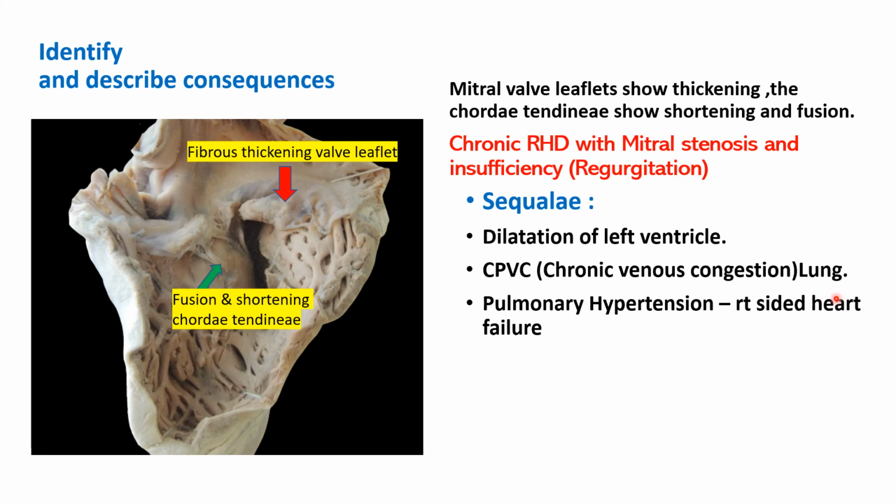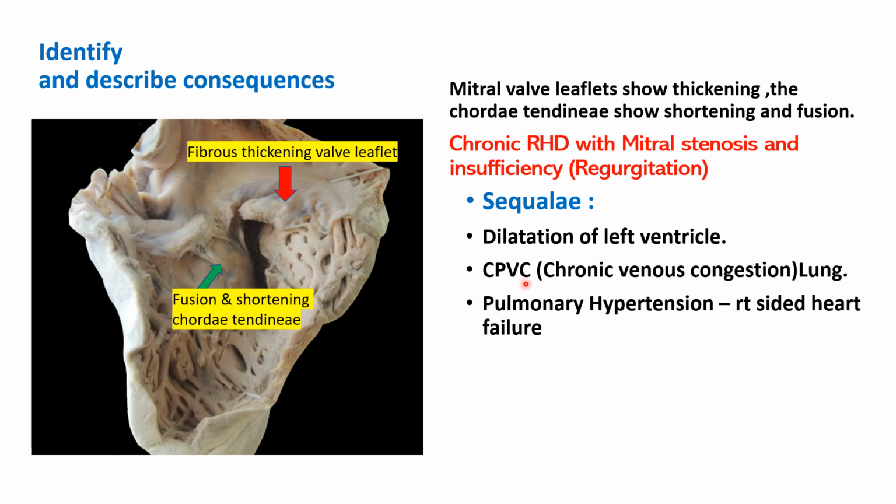The consequences of this are dilatation of the left atrium, and there will be back pressure generated because of the insufficiency and the stenosis, with chronic venous congestion of the lung.